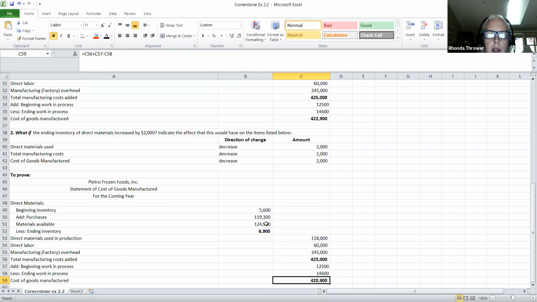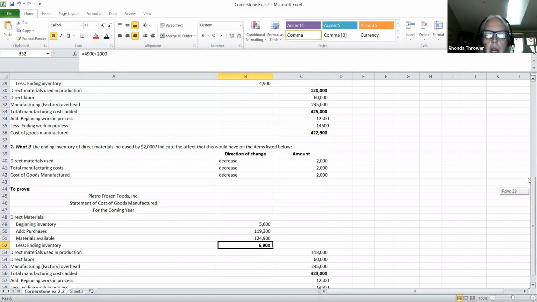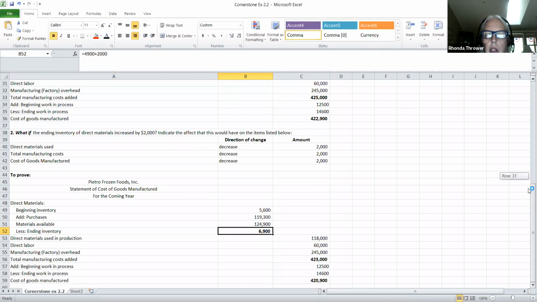And so basically all we did is we took the ending direct materials inventory, and it said that it increased by $2,000. So we would add $2,000 to that $4,900. That's how you get the $6,900. And that $6,900 is going to be deducted from your materials available.